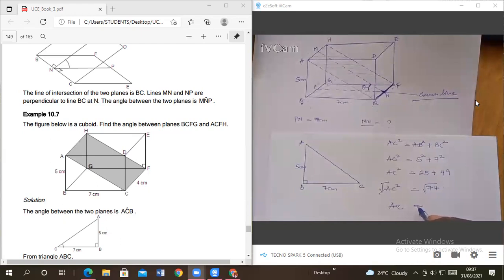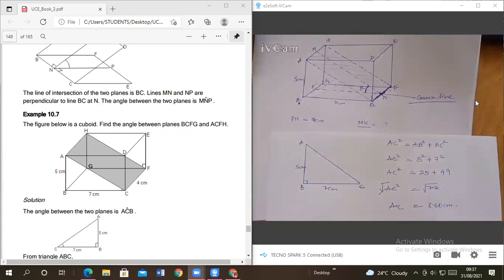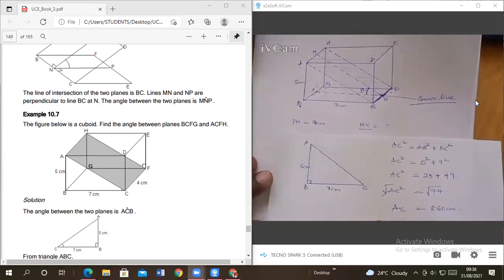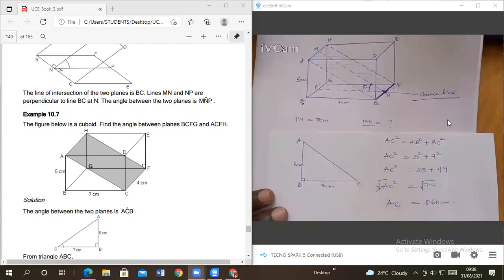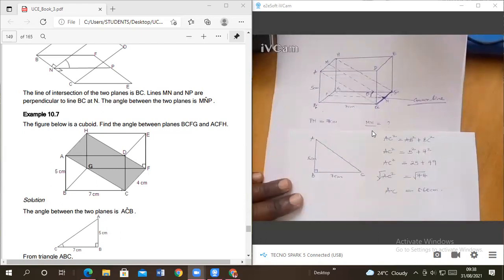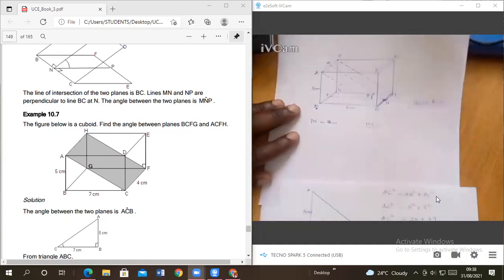8.60 centimeters. So now, since we know our SC is 8.60 centimeters, the next thing we are going to do is say that MN equals SC.